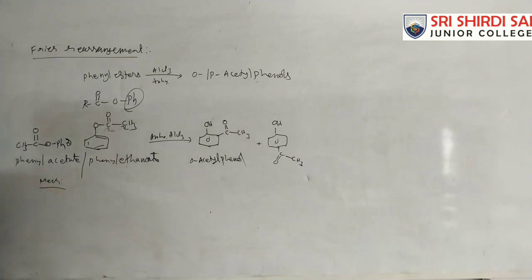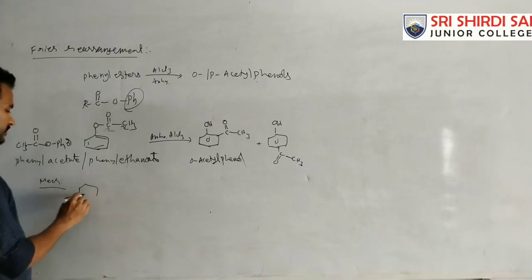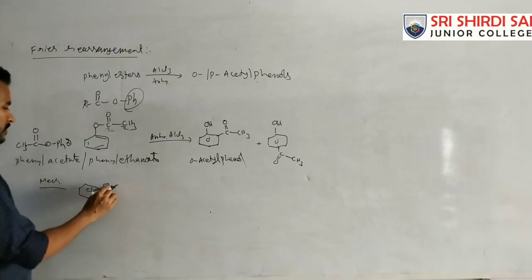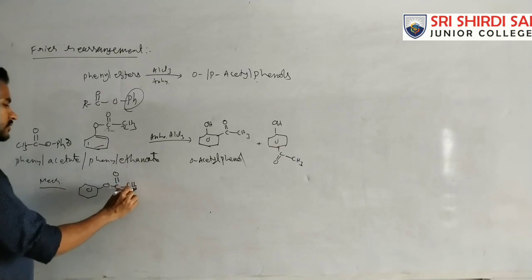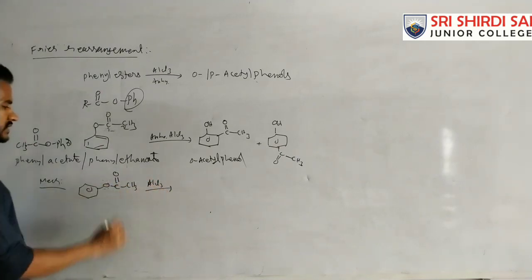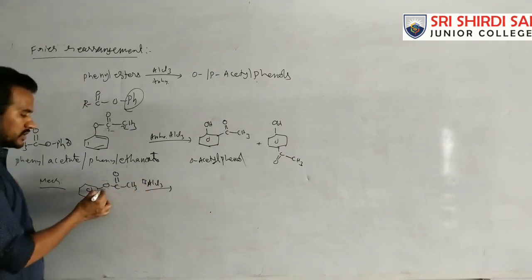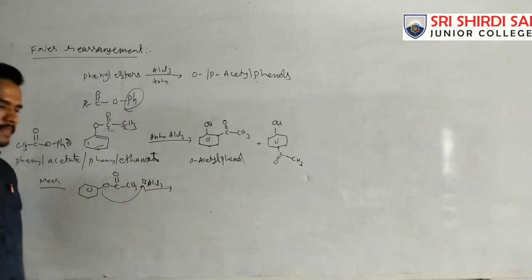Let us discuss the mechanism of this reaction. So now here, this one C=O CH3. AlCl3 is a Lewis acid. So here, that AlCl3 aluminum has a vacant orbital, so bond formation.